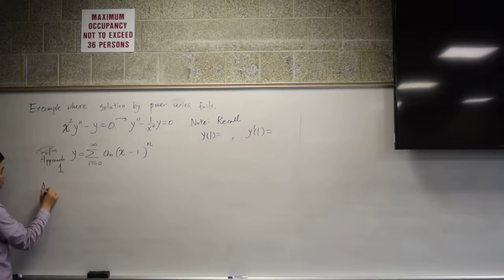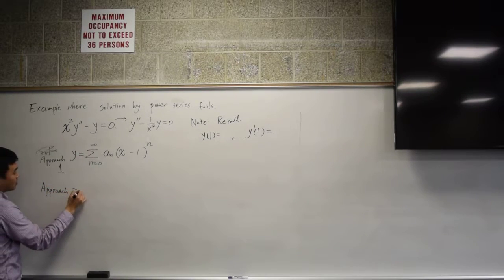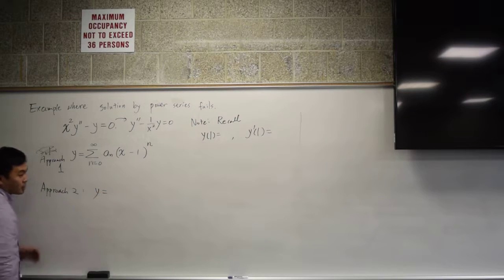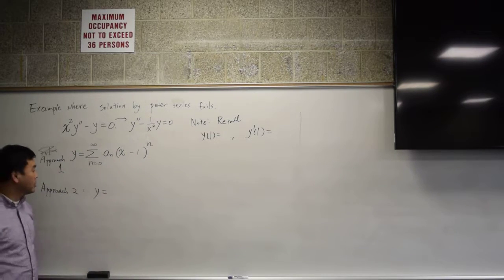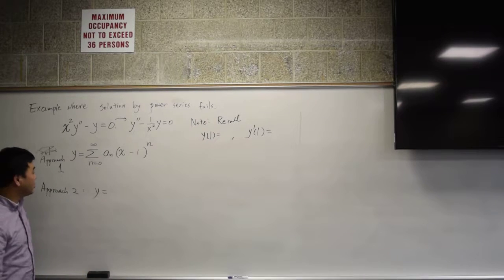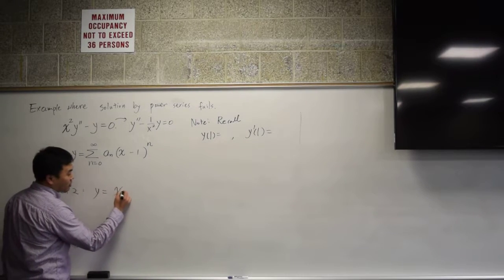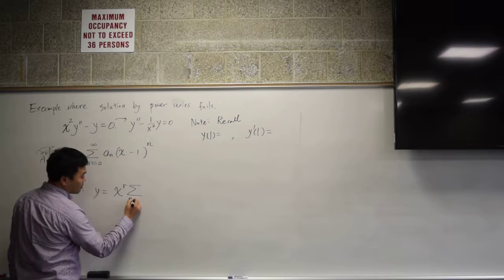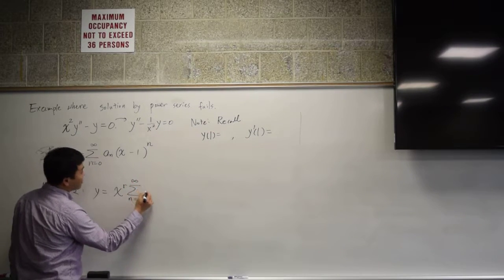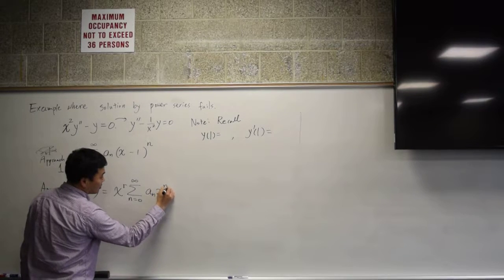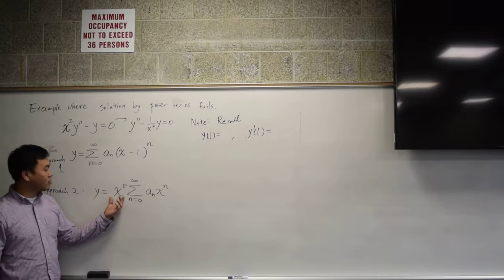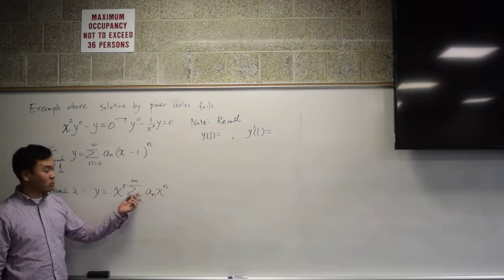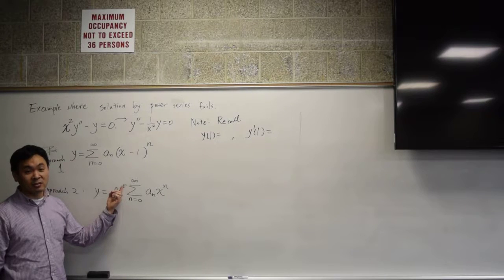Now, second approach is, so this will always work as long as this point is chosen as ordinary. Now, the second one is something that doesn't always work, but this guy named Frobenius investigated this type of solution. So he was looking for x to the r multiplied to this, where r is usually a fraction or a negative number.